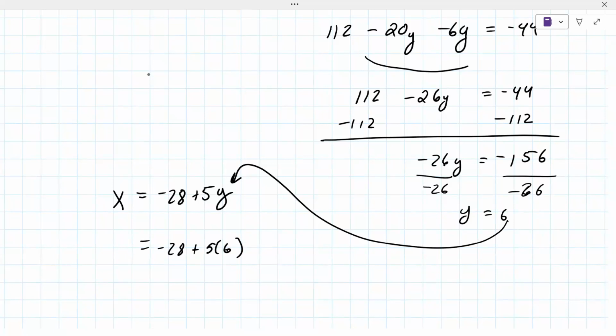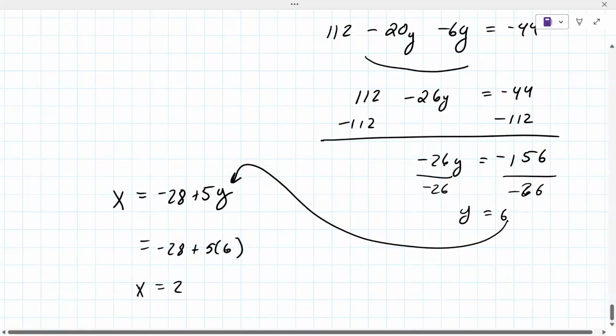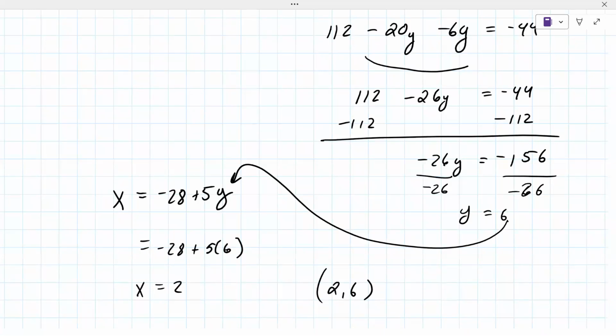Tell me what you come up with. I got +2. Just 2. And then sometimes they want you to write it as (2, 6) as your final answer. Okay. All right.